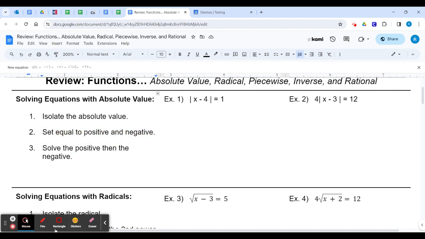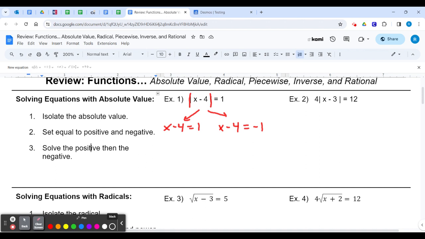If we remember this absolute value sign here, these bars outside x minus 4 mean that we split our equation into two. We have x minus 4 equals positive 1. And we also have this world where x minus 4 can equal the negative version as well, because anything that gets evaluated in that absolute value will turn out to be positive.